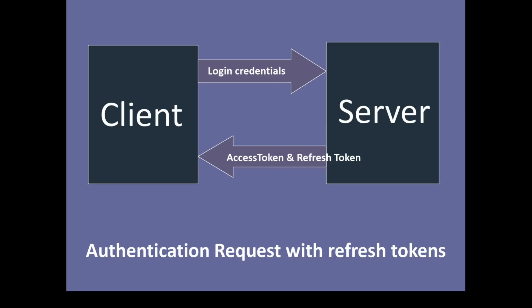Now what happens if our access token expires? Generally we have to log in again, but we can avoid this situation with the help of refresh tokens, and this is how a refresh token request looks. We make an HTTP request, pass our login credentials, and get access tokens and refresh tokens in the response.